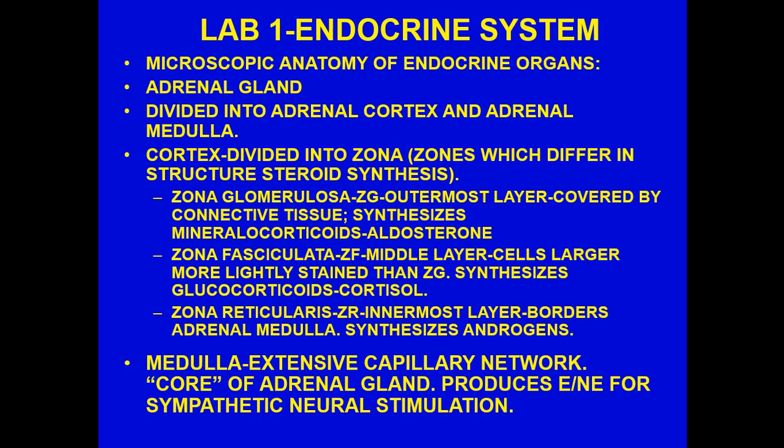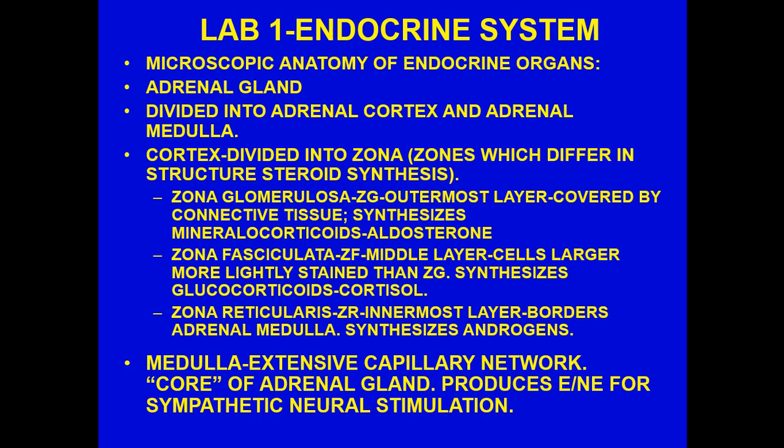The zona fasciculata, the ZF, is the middle layer. The cells are larger and more lightly stained than the ZG, and they synthesize glucocorticoids, the best known being cortisol. The zona reticularis, ZR, is the innermost layer, so it borders the adrenal medulla.